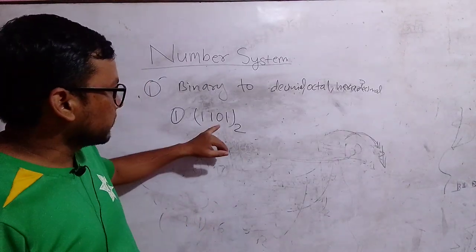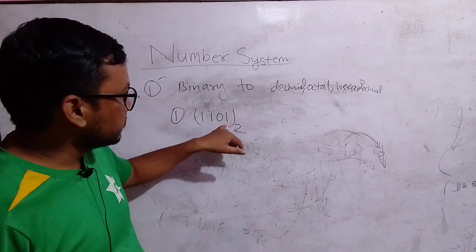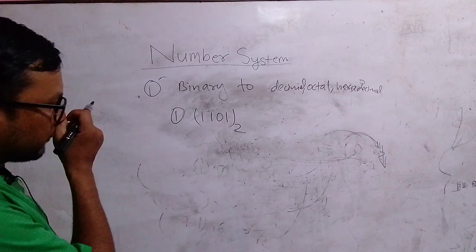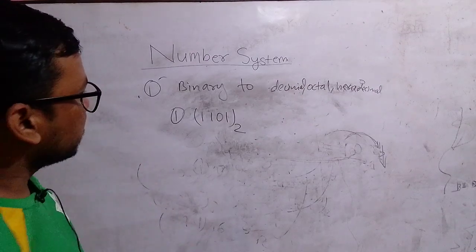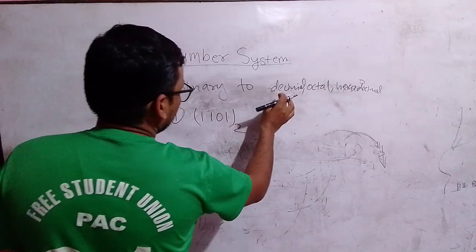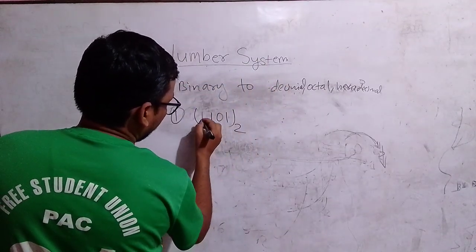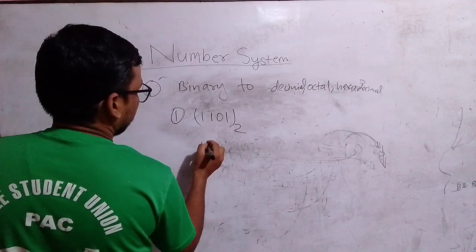First of all, we are trying to convert this number into its decimal equivalent. To convert any number into the decimal number system, we need to write it in this way. 1, what is the symbol given here? 1.